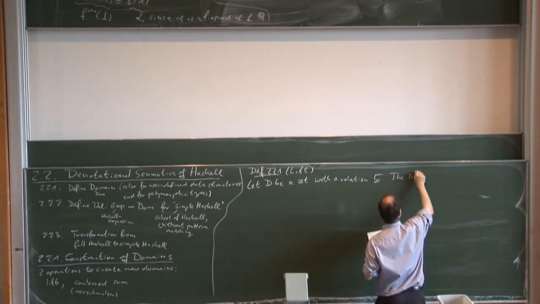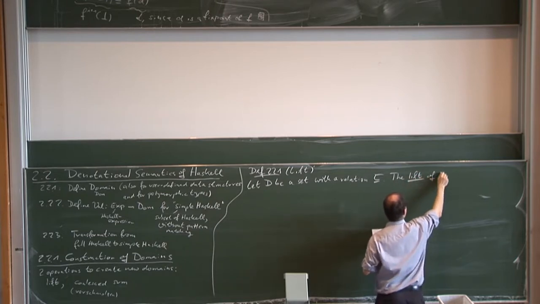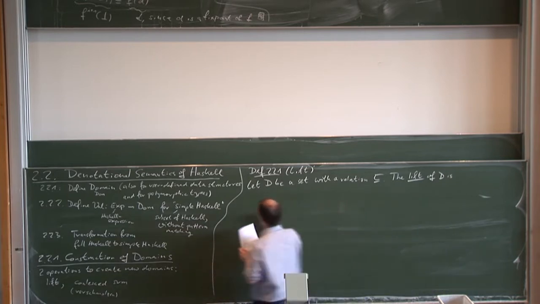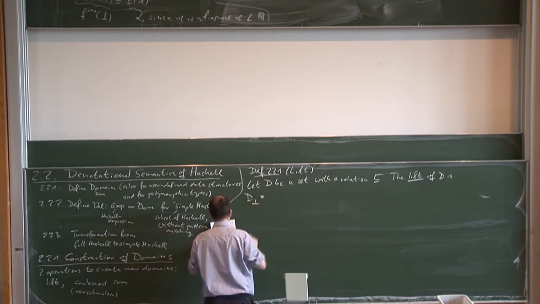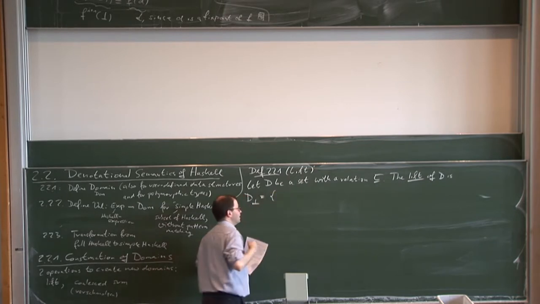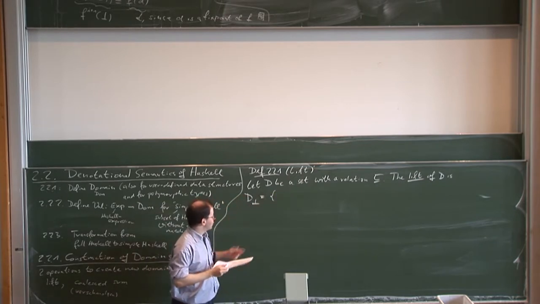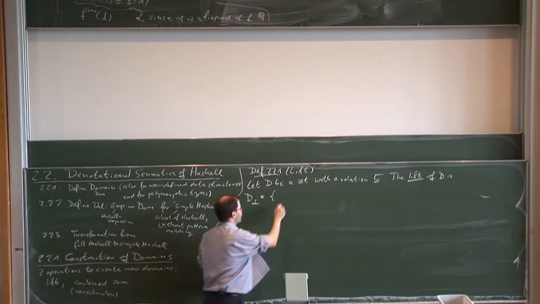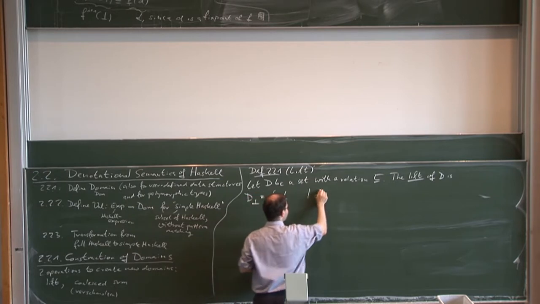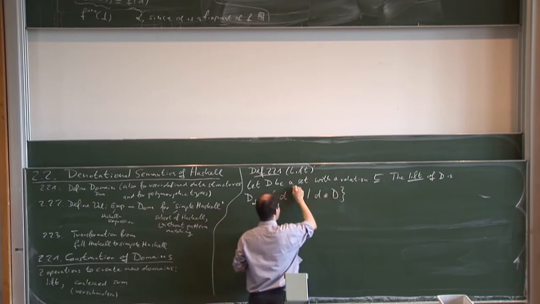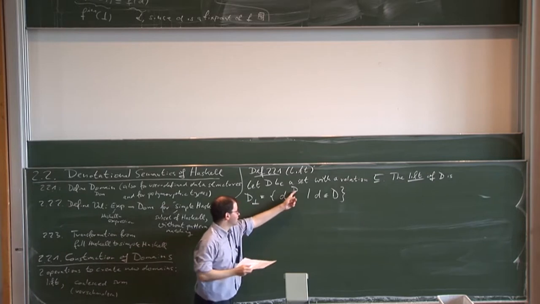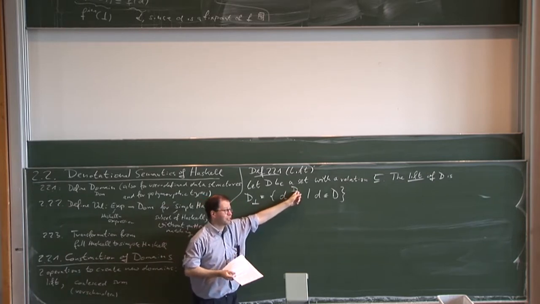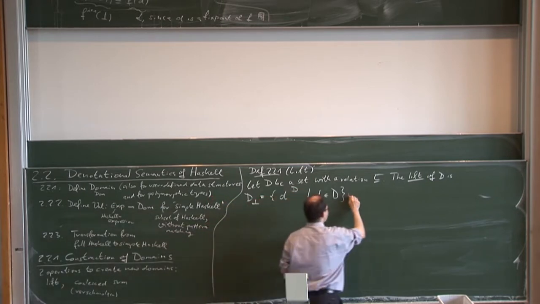So the lift of D is denoted D bottom, and it consists of basically D and another element. But in order to distinguish the elements in D and the elements in D bottom, we mark those elements which come from D by a little d here, which indicates this is an element which comes from the original set D. And we add another new element bottom.